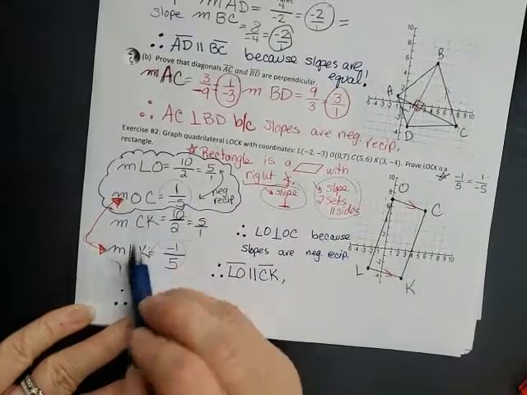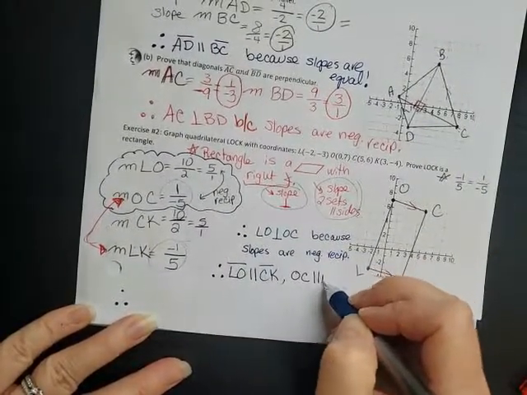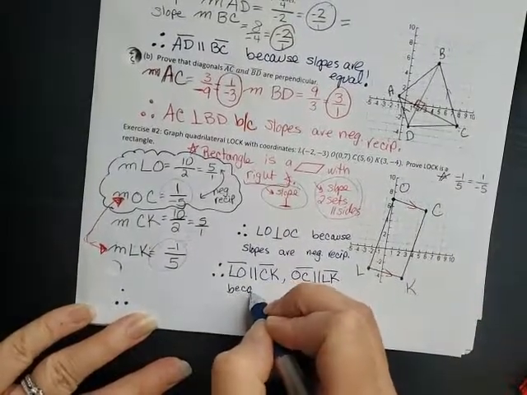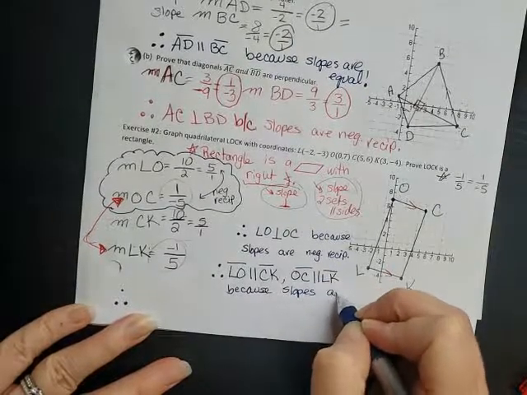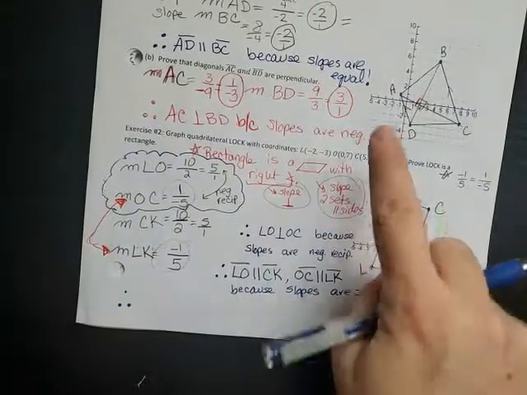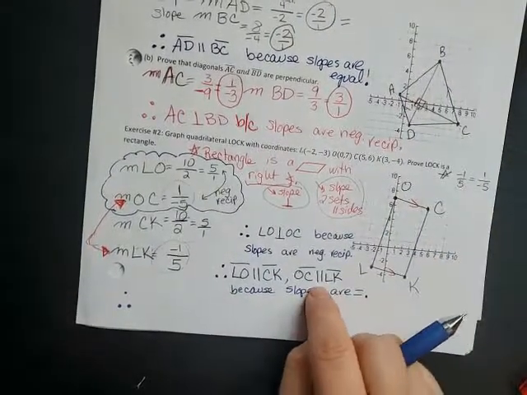Similarly, OC and LK have those same slopes. OC is parallel to LK because slopes are equal. So again, equal slopes means lines are parallel. So we showed that way up here at the first question and here.